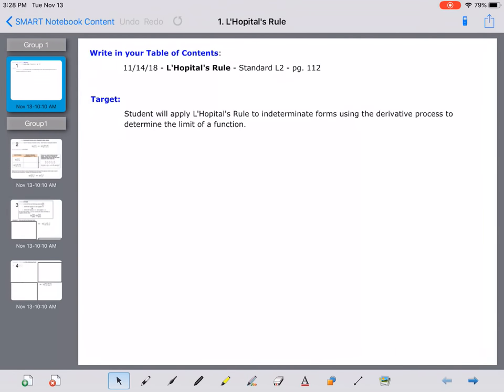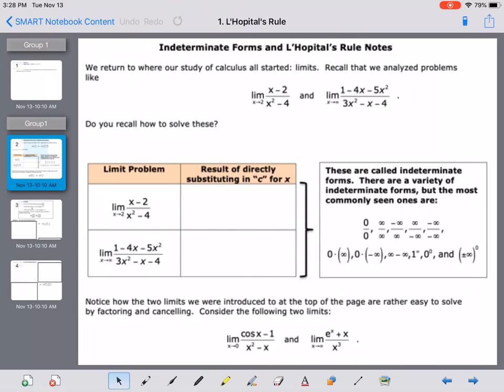So when we started limits, we started with limits that look like the two at the top. Now, we learned how to solve limits a couple of ways. We learned that algebraically, we could do things like direct substitution. So that was always our first step for every limit, was direct substitution. Sorry, this is terrible writing. Let me rewrite that again.